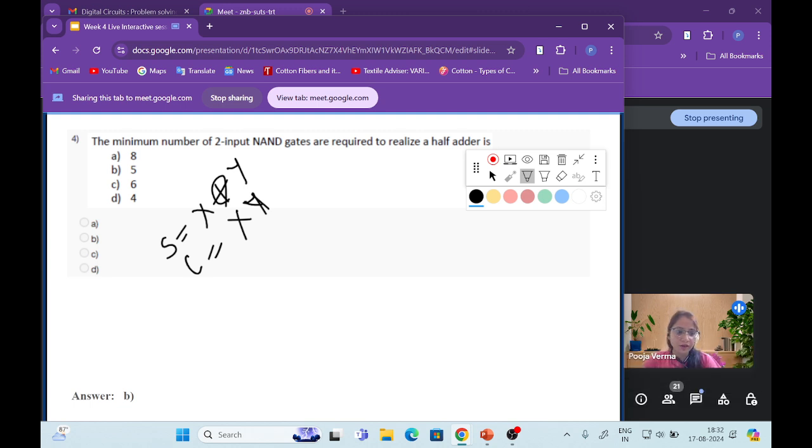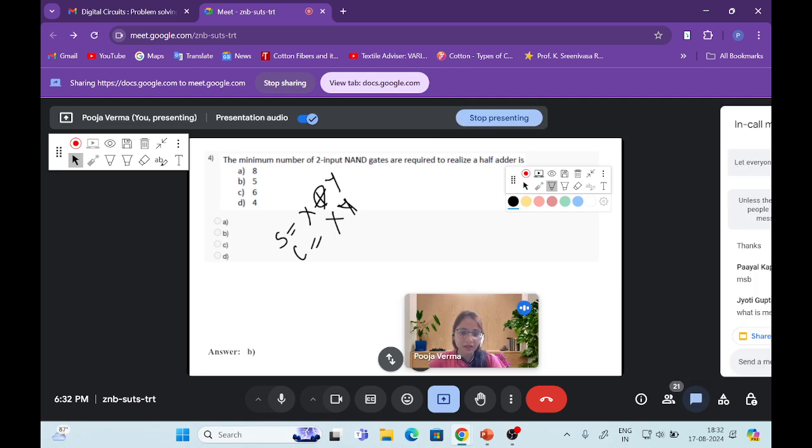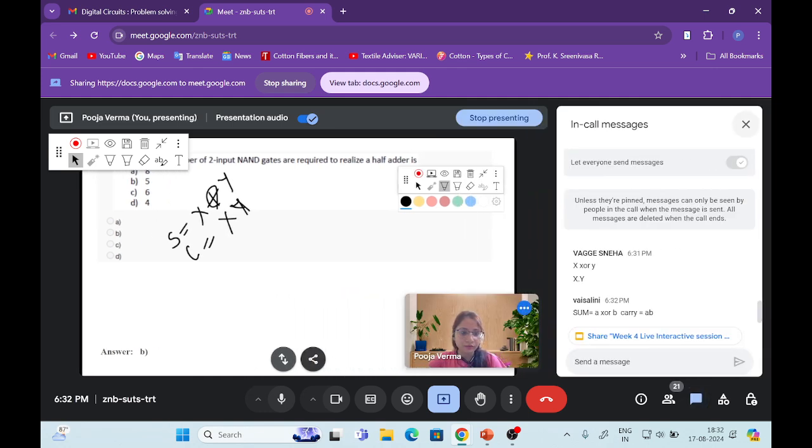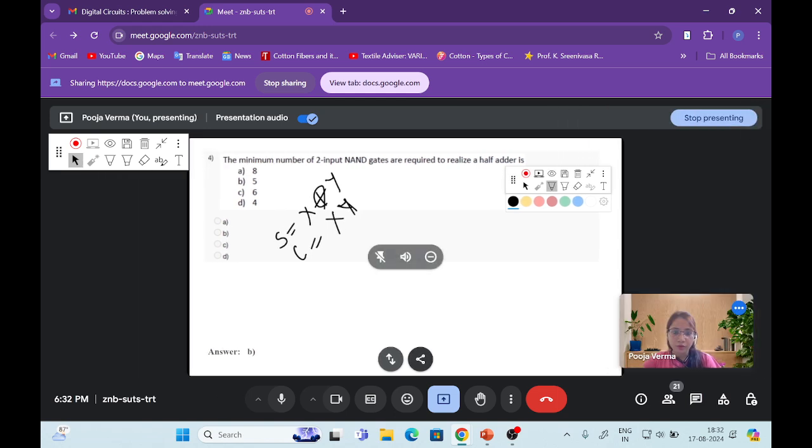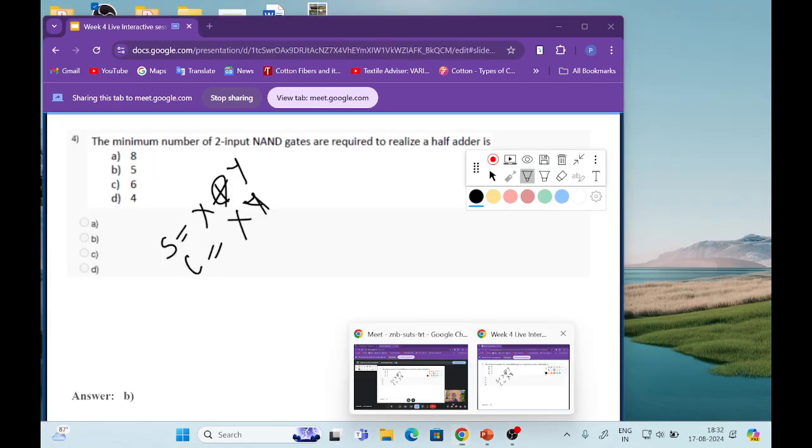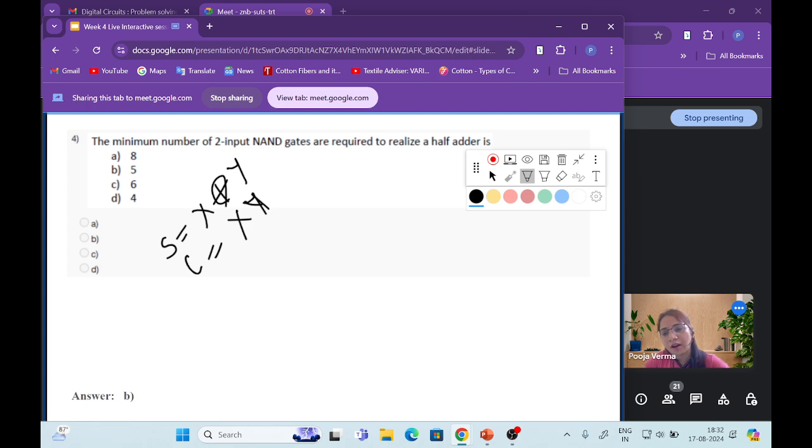So how many 2-input NAND gates are required to realize the half adder? This can also be written as, as you already know, x XOR y equals x dash y plus x y dash, right?